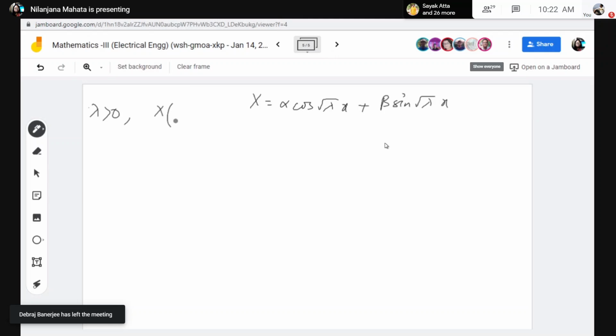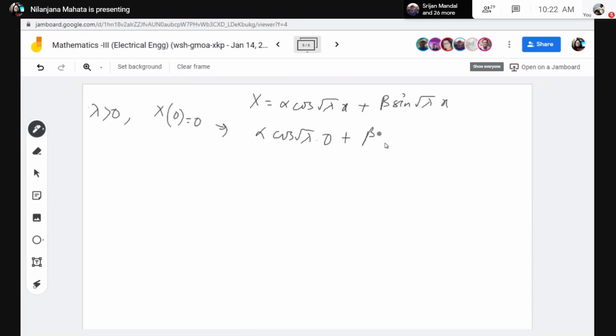So X(0) is equal to 0 implies alpha cos root lambda 0, this is 1, plus beta sine 0, which is 0, so it implies alpha is 0.